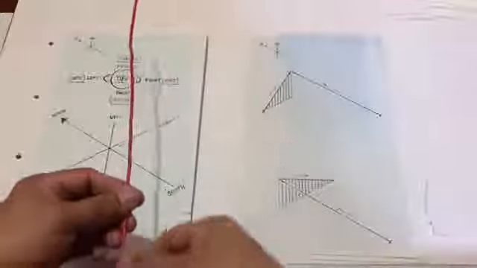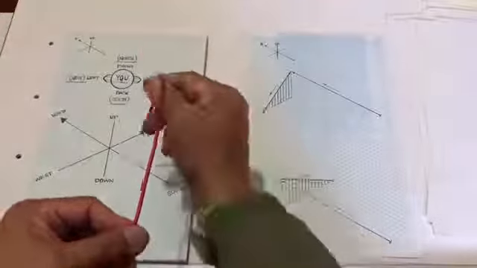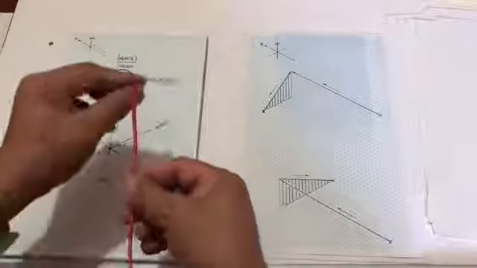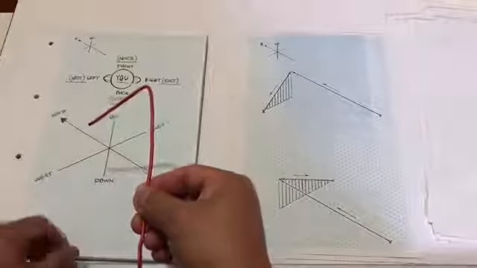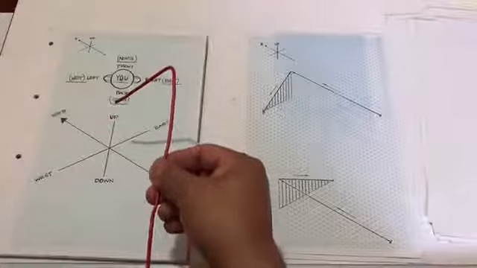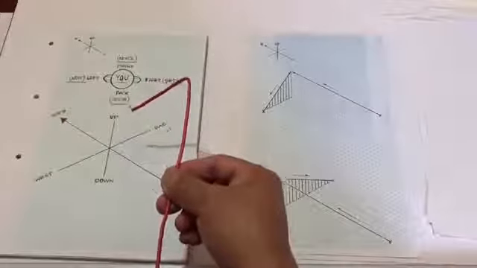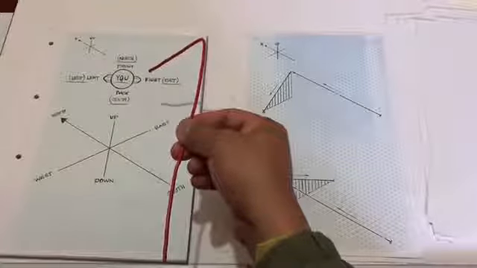South, north, from your back towards your front, goes down, then tilts to the west. Okay, so the orientation of the ISO is that way. Right?